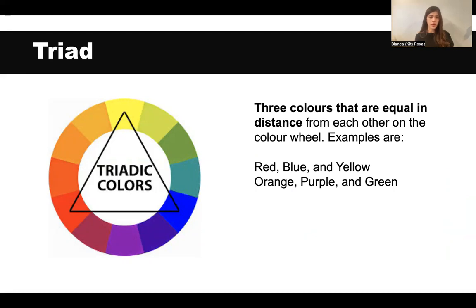Red, blue, and yellow are equally distant from each other on the color wheel. And then the secondary colors, we have orange, purple, and green. They are also equally distant from each other on the color wheel.